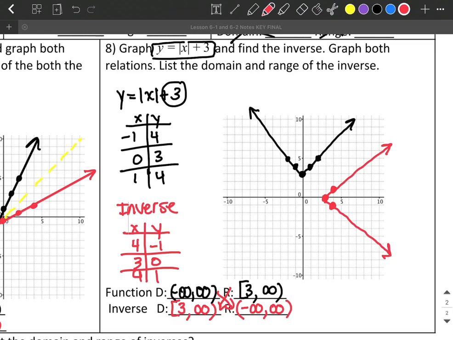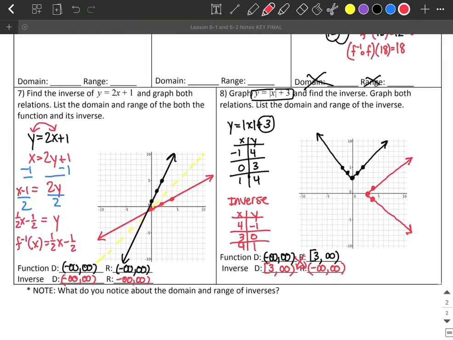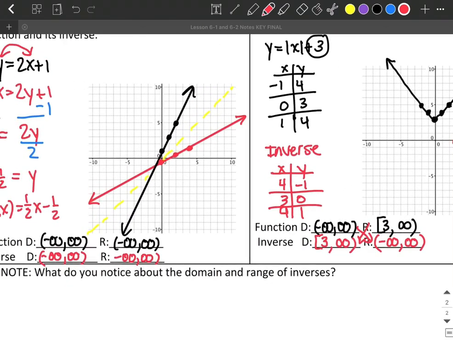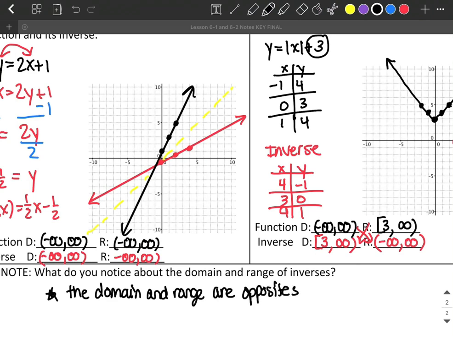So I should be switching the domain and range, since domain is all the included x values and range is all the included y values. So what do I notice about domain and range of inverses? The domain and range are opposites, reciprocals.